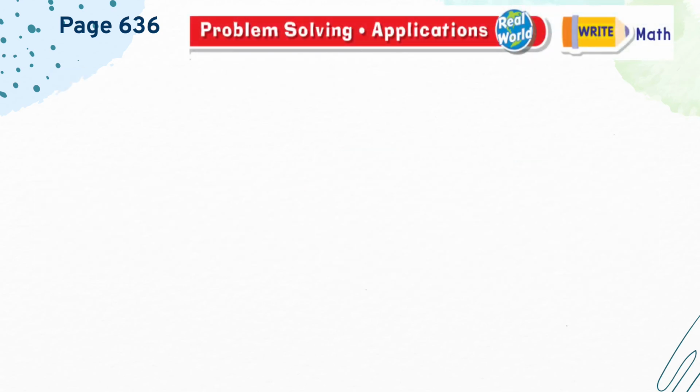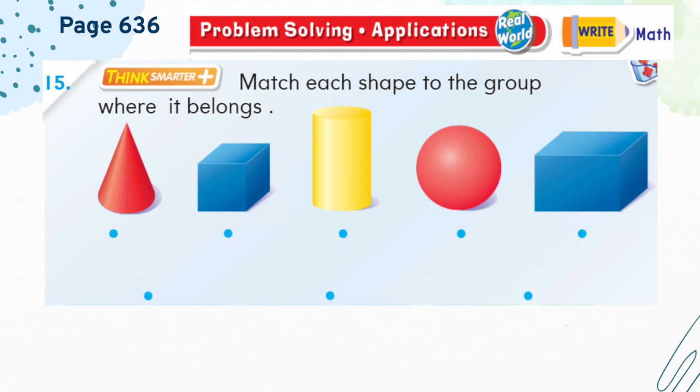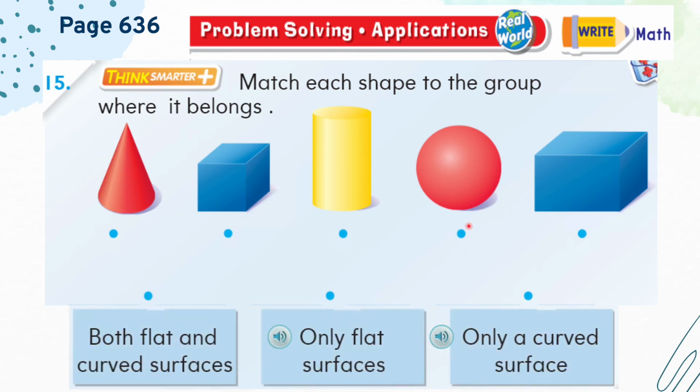On page 636, let's look at the problem solving application questions. Question number 15. Match each shape to the group where it belongs. So we have these shapes here and we have these groups, which say the shapes which have both flat and curved surfaces, the shapes which have only flat surfaces, and the shapes which have only a curved surface.